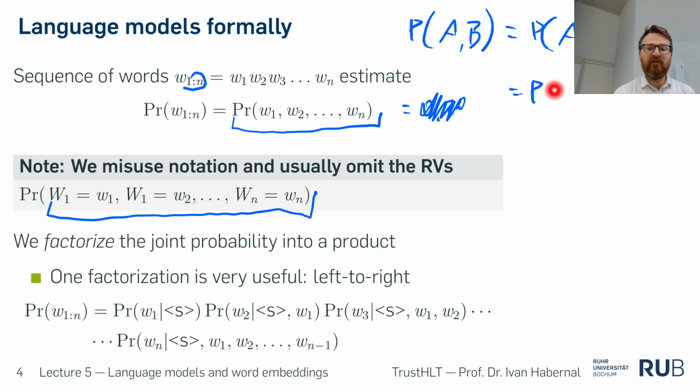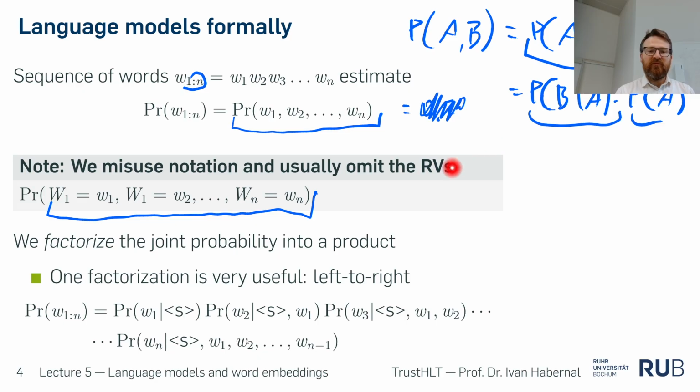Or you can also factor it as probability of B given A times P of A. I mean, both are fine. It's just following the definition of conditional probability. So here this is basically the joint probability of all words, and we can factor it. Factoring means we have these different factors, and then we multiply them together.